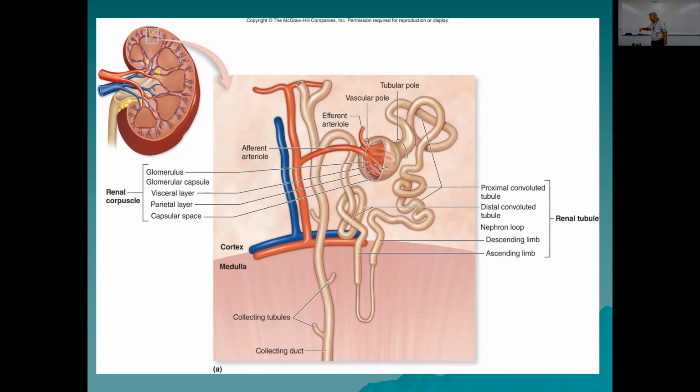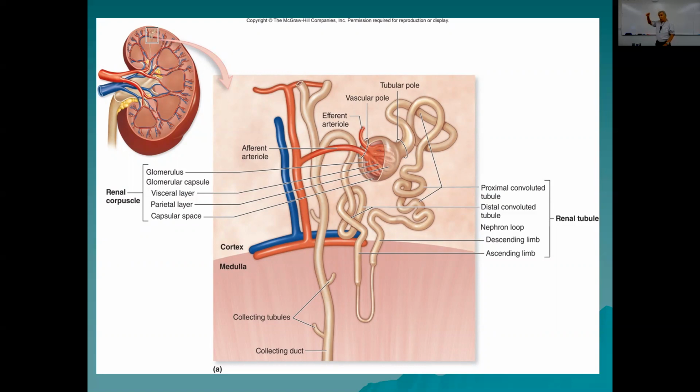Then, the side of the corpuscle where our afferent arteriole comes in and the efferent arteriole comes out is called the vascular pole. The other side of the renal corpuscle is the tubular pole, and that's where the proximal convoluted tubule starts.